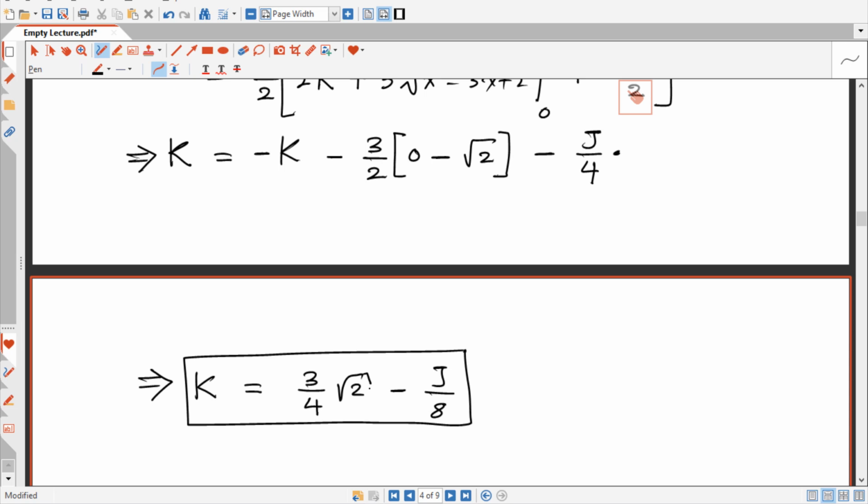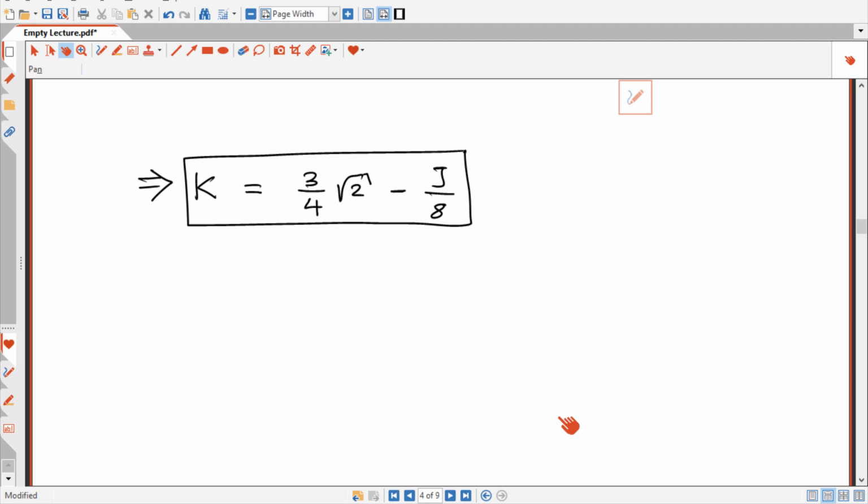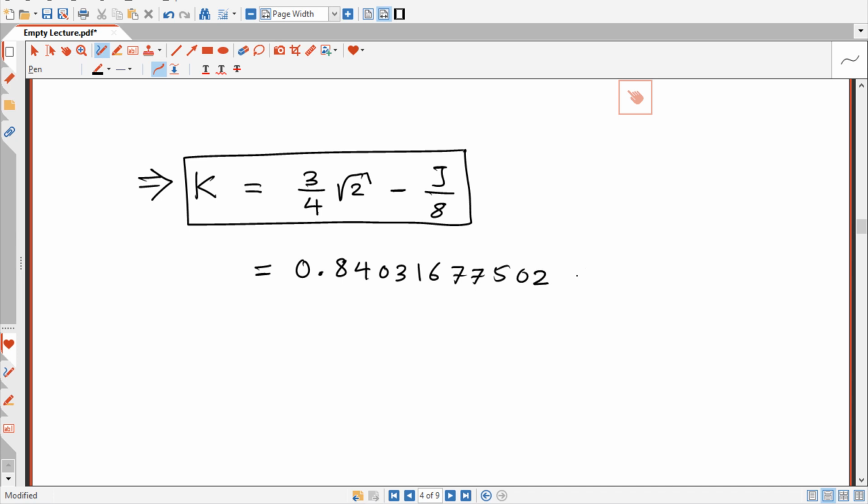So to evaluate k, we already have evaluated j, so we can calculate k now. Basically k is equal to, and I have calculated this, 0.84031677 5024936.